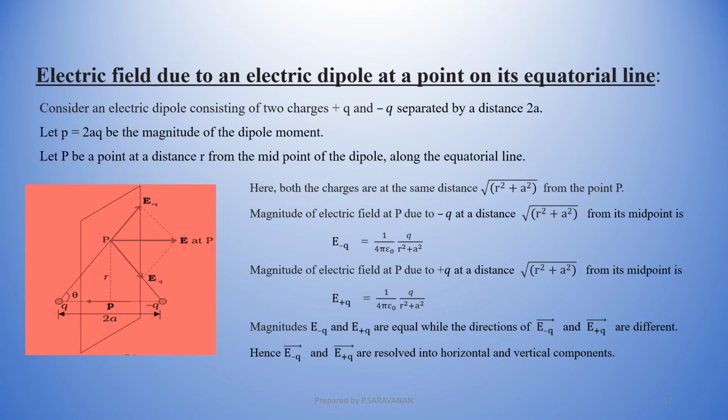The magnitudes E_-q and E_+q are equal, while the directions of the E_-q vector and E_+q vector are different. Hence, the E_-q vector and E_+q vector are resolved into horizontal and vertical components.